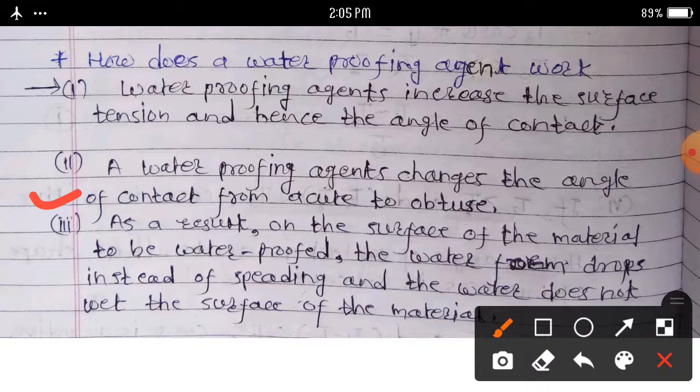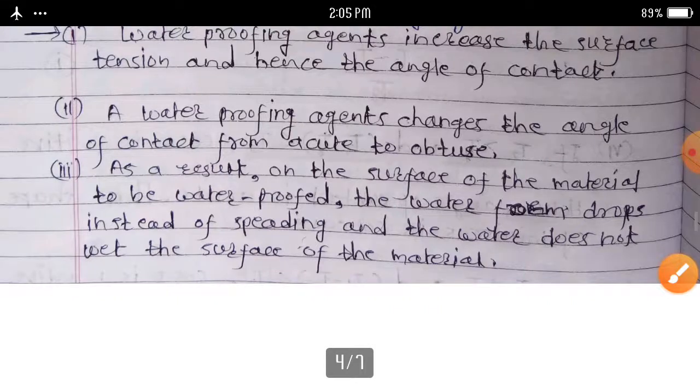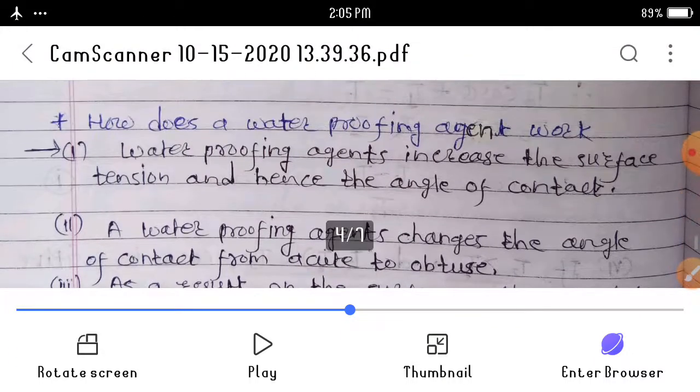As a result, on the surface of the material to be waterproofed, the water forms droplets instead of spreading, and the water does not wet the surface of the material. In this way, a waterproofing agent works.